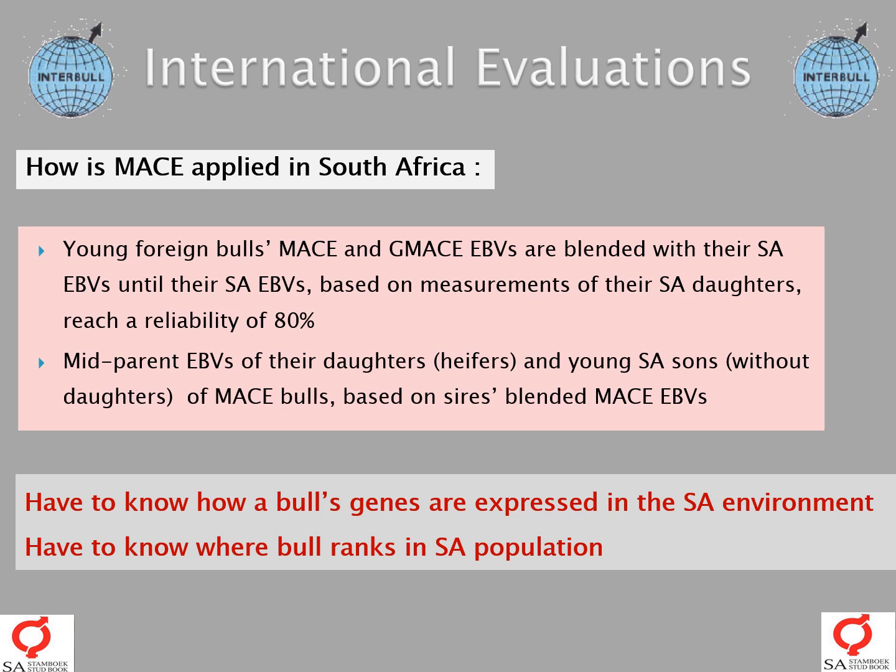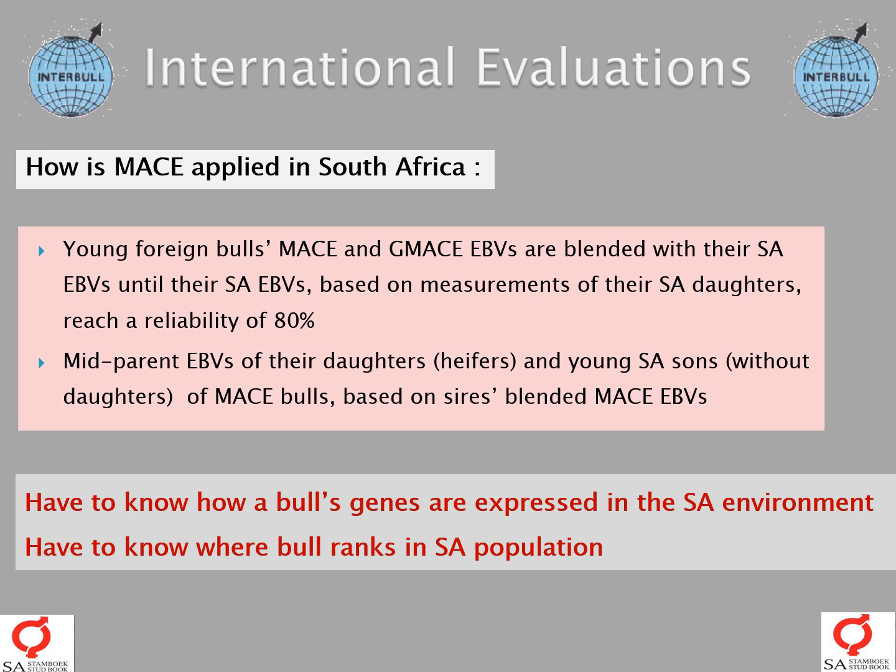Countries participating in MACE genetic evaluations differ in the way that they apply MACE and GMACE in their own genetic evaluations. In South Africa, the young foreign bulls' MACE and GMACE breeding values are blended with their South African breeding values until their South African breeding values, based on measurements of their South African daughters, reach a reliability of 80%.